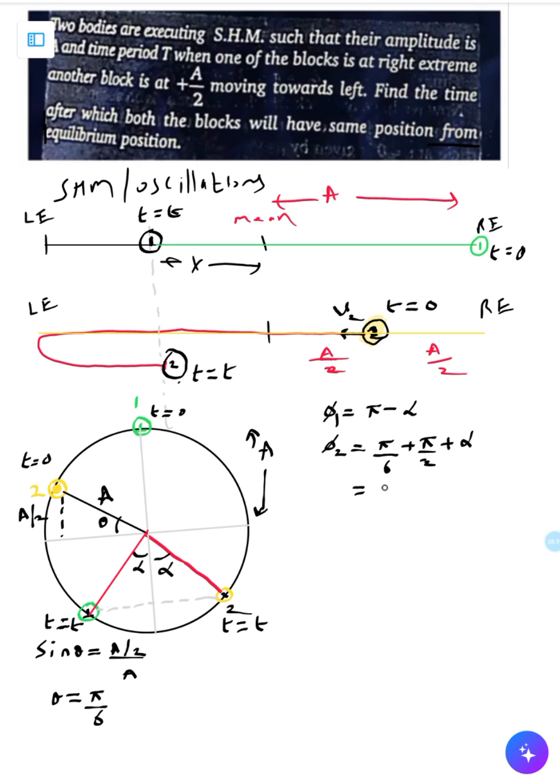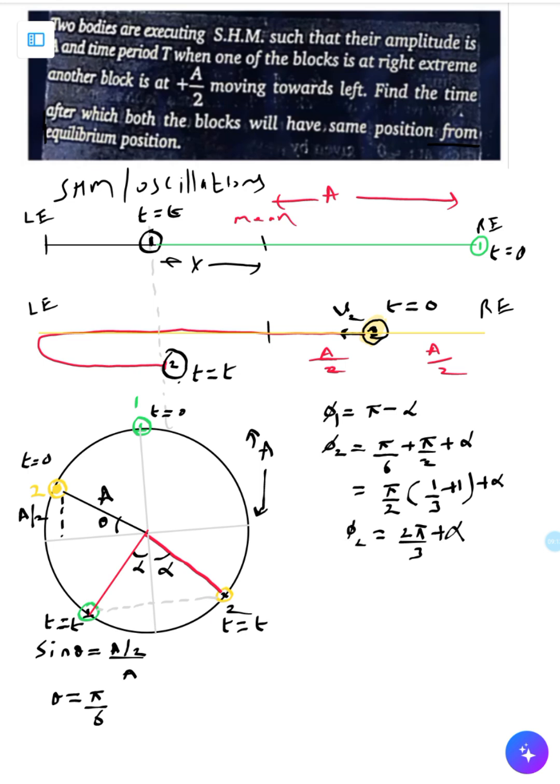Okay, we'll take the pi by 2 outside. So 2 pi by 3 plus alpha.